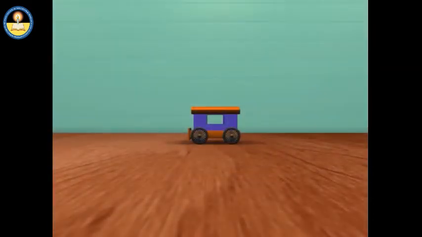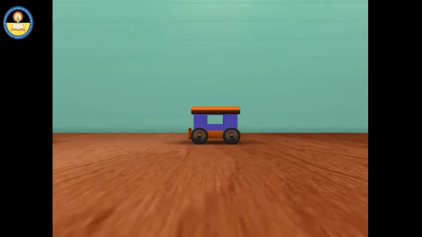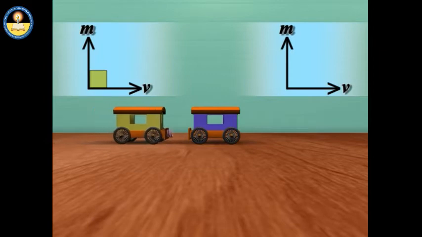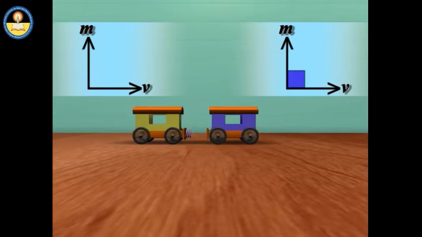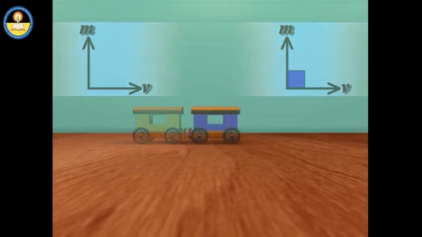Let us see a situation of an elastic collision. When a stationary trolley of mass m has a head-on collision with a moving trolley of the same mass, then after the collision, the first one starts moving with the velocity of the second trolley, while the second one comes to rest.